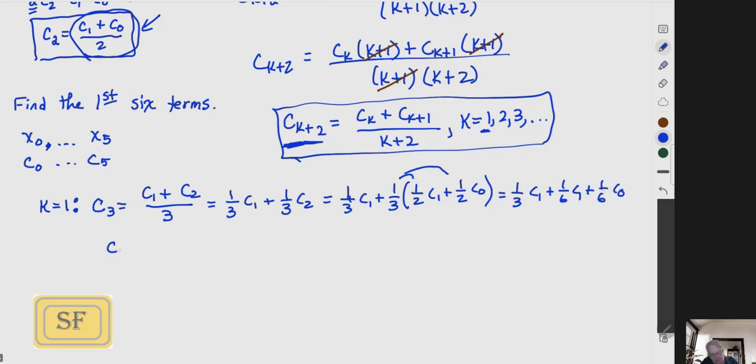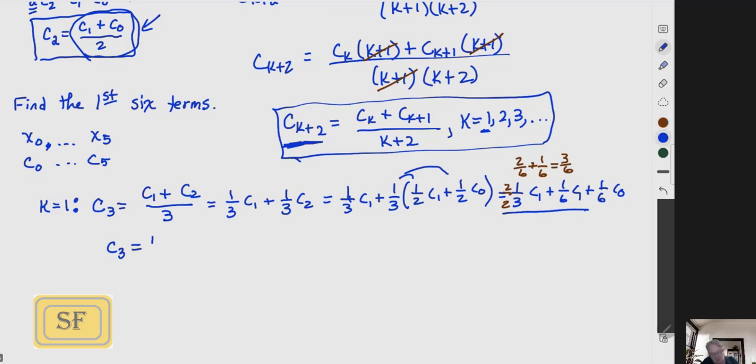And let me just rewrite it here. So we get C3 is 1/3 C1 plus 1/6 C1. If I multiply 1/3 by 2 over 2, that gives me 2/6 C1 plus 1/6 C1, which is 3/6 or 1/2.